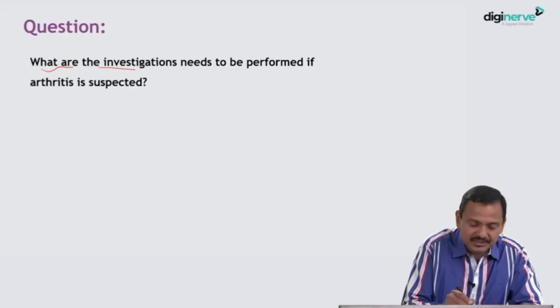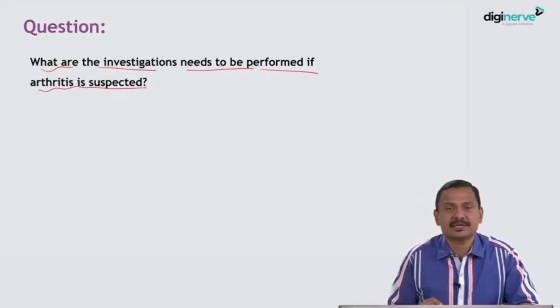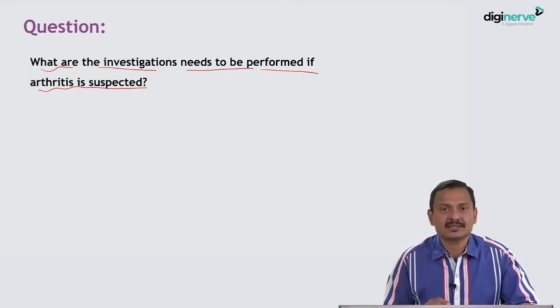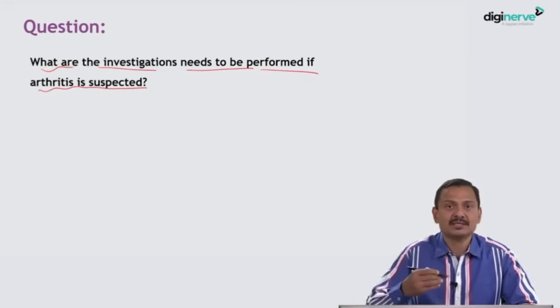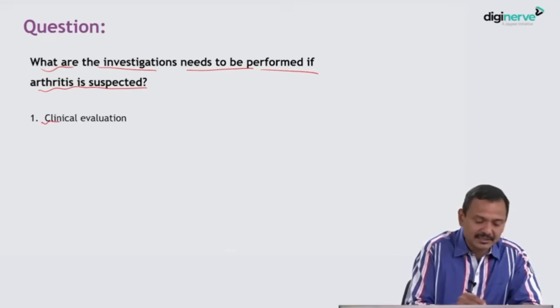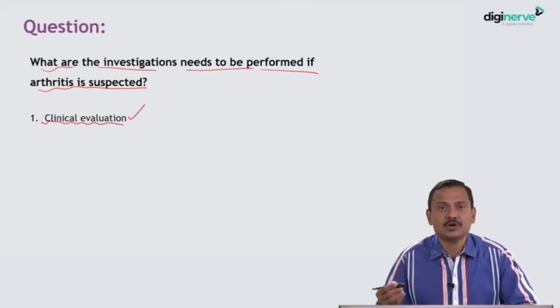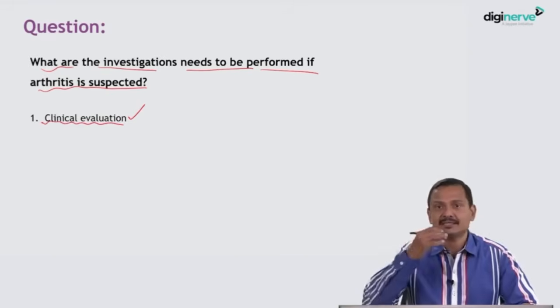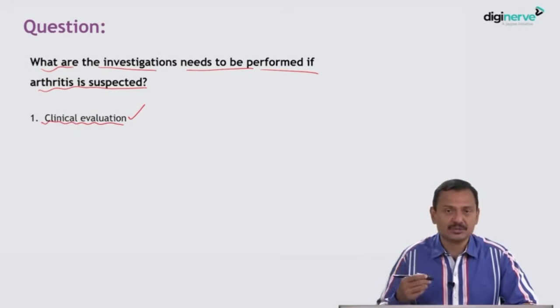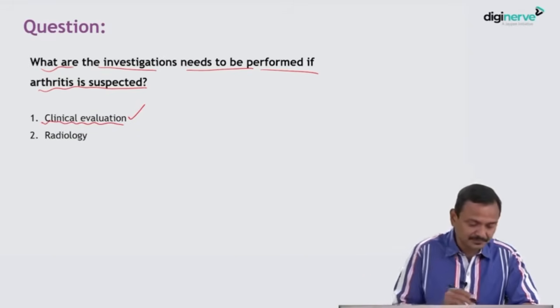Okay, so here comes the next MCQ. What are the investigations needed if arthritis or osteomyelitis is suspected? What is the order of investigation? First, detailed clinical evaluation and history: if the patient had trauma, fever, or any other systemic infection like tuberculosis involving any site other than the primary site.